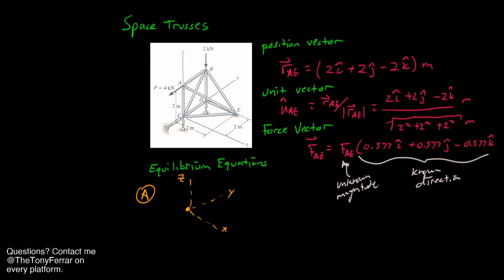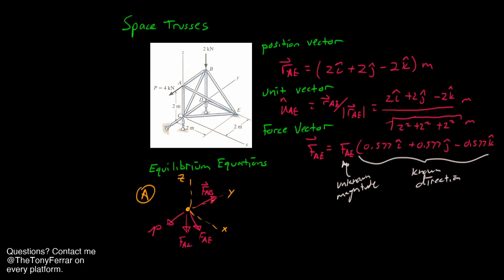This is our point A, and looking at the forces here, we have along the y-axis this P force being applied. We have the force in member AB, FAB. We have the force going down to C, so this would be FAC. And we have the force in the member that we're interested in, which kind of comes down diagonally here as FAE.